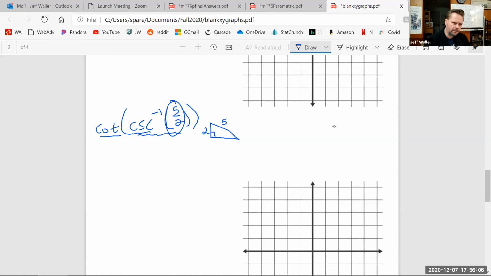I love it. And the cotangent is going to be what side over what side? X over Y. Yeah, good. There you go. So if I just figure out the X, and let's see if Jeff can do it now that we're live. So 25 minus 4 is 21. So square root of 21. So then what's the answer?